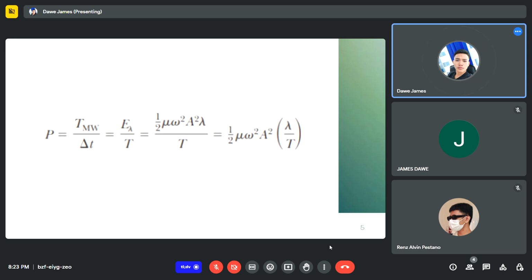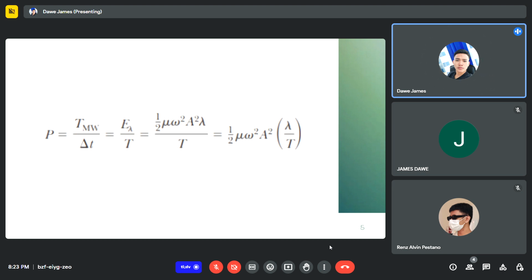So then the equation that shows the rate of energy transferred by a sinusoidal wave on a string is proportional to A, the square root of frequency, B, the square root of amplitude, and C, the wave speed.